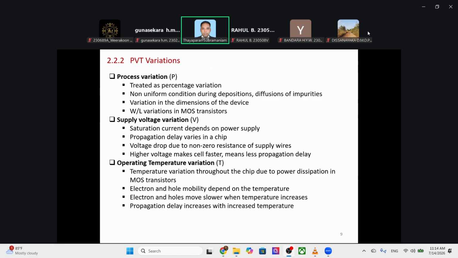Right. Next, operating temperature variations. What happens when temperature increases? The electrons start to vibrate, or you can assume that they get more energy and start to move from their own place, and therefore the directional electrons which carry the current will have difficulty moving in a straight line, when electrons move arbitrarily from their own position, right?